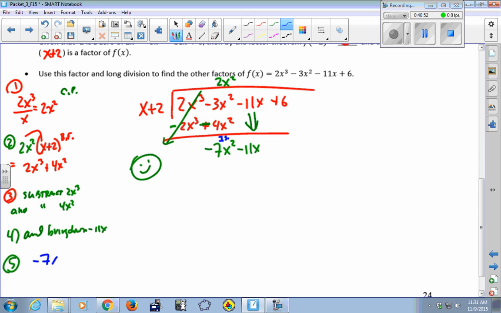Divide negative 7x squared by x. And what does that give us, Mackenzie? Negative 7x. So where do I put the negative 7x? James, can you help me? Over the negative 11x, right? I put negative 7x. All right. And now step 6 would be what, Bridget?